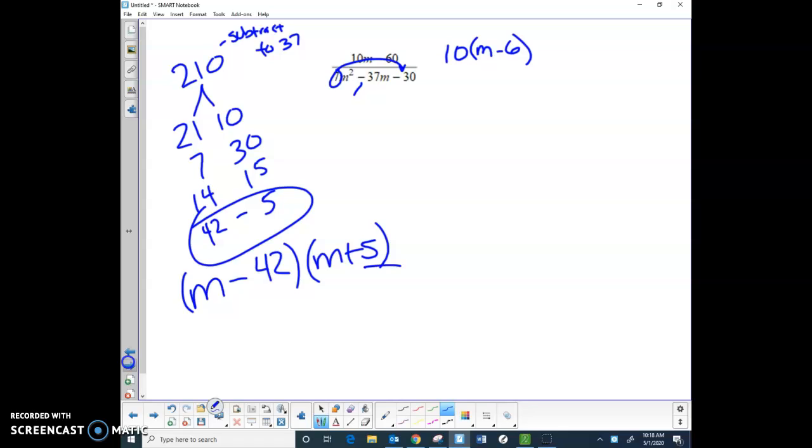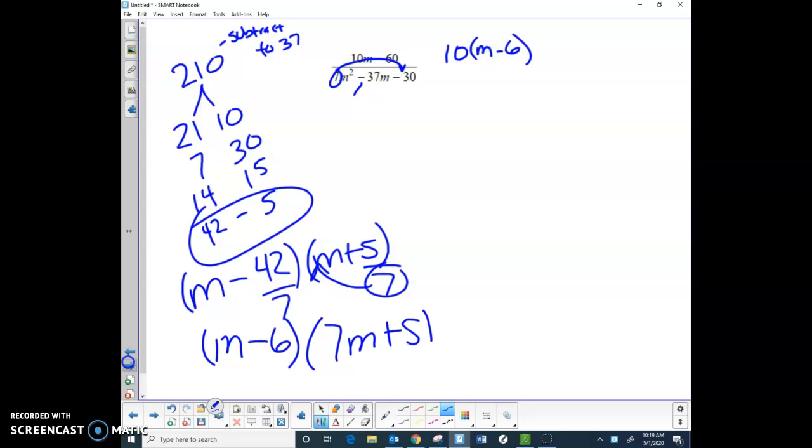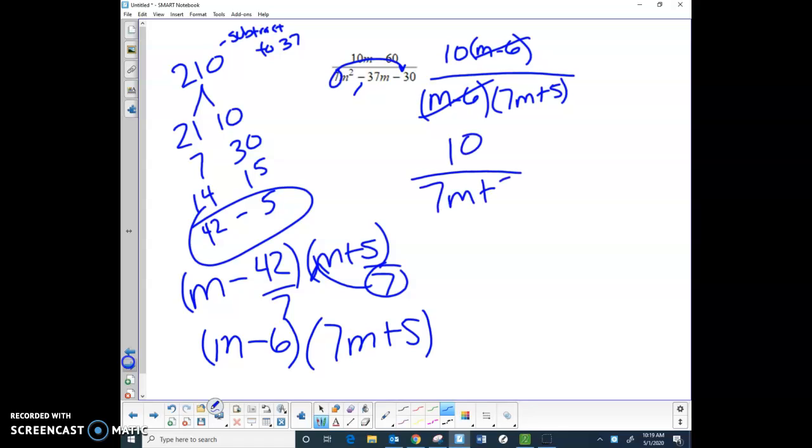Now we do our divide by 7, so we've got m minus 6, and since the other one doesn't divide, we slide it up: 7m plus 5. So the denominator factors to m minus 6 and 7m plus 5. We can cancel out those m minus 6, and we are left with 10 over 7m plus 5. And that is the simplified form.